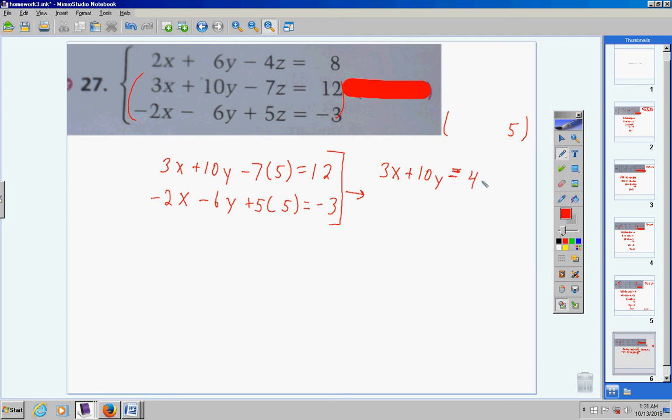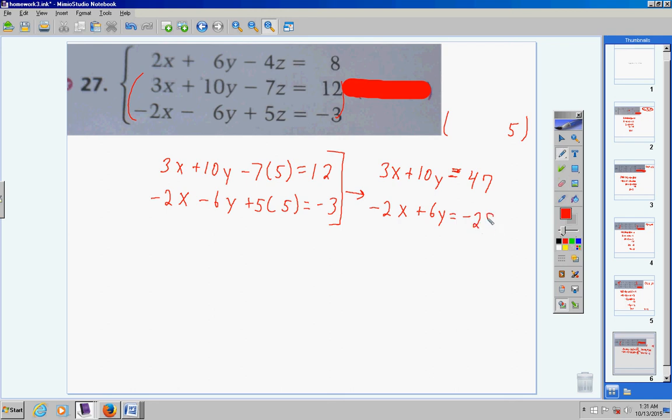Now same thing here. Negative 2x, negative 6y, positive 25 equals negative 3. So bring the 25 over and make it a negative 25. You have negative 25, negative 3. That's negative 28.